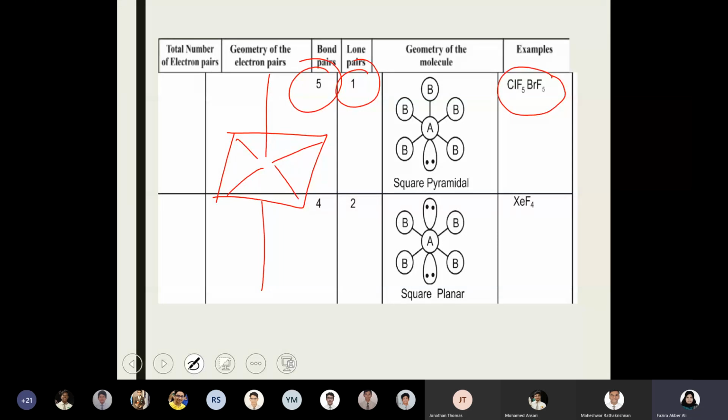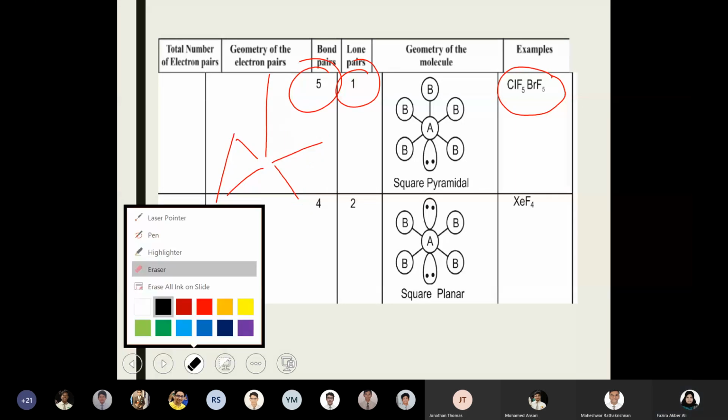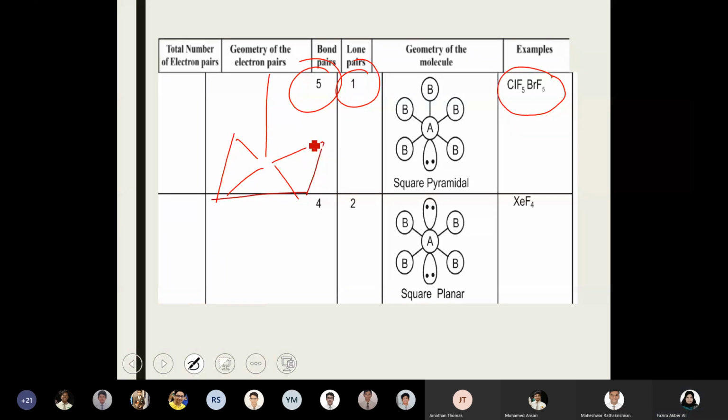So you have to remove one of the bonds to show its shape. If one bond is removed and it's shown as a lone pair, or you can just show it in this way, now it will look like a square pyramidal. Square pyramid means it's like this, a pyramid with a square as the base.